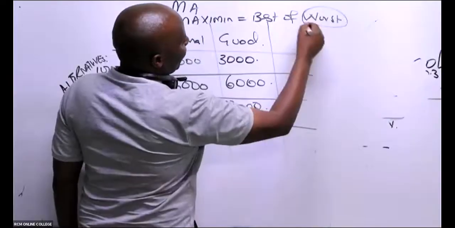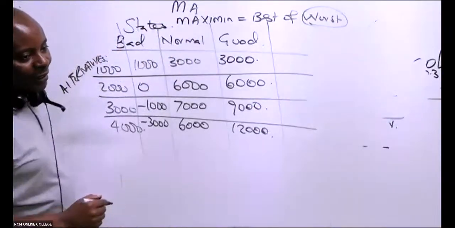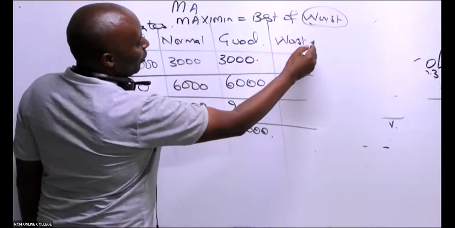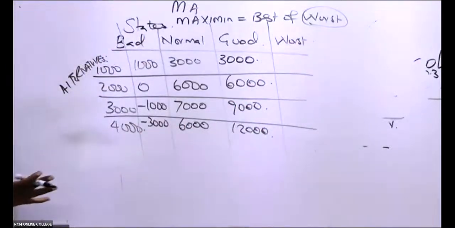And first of all, we normally start by the worst, isn't it? So create a column here for the worst. Worst profit will be the lowest profit.